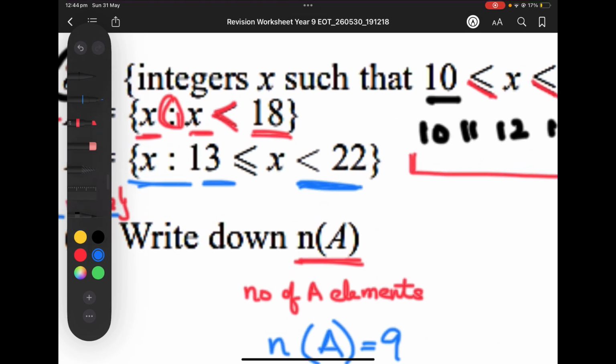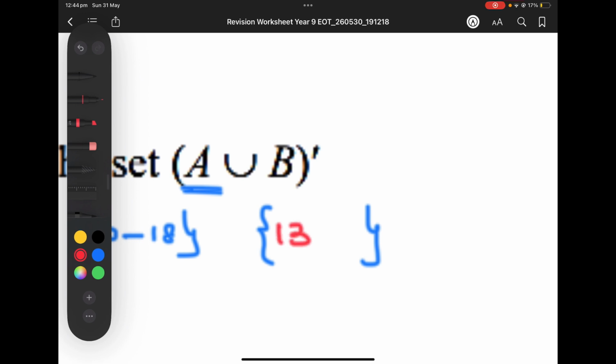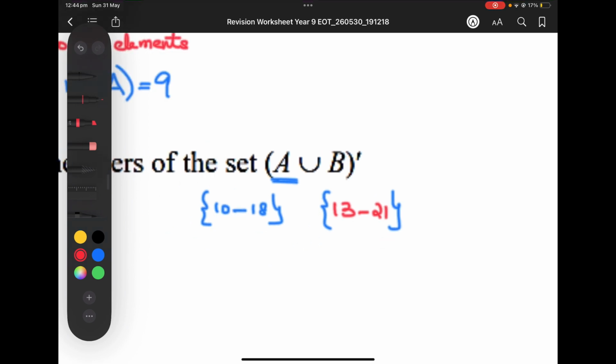Here, 13 is included but 22 is not included. So it starts from 13 and goes up to 21 only, because it is talking about less than, not less than or equal to. So we have 13 to 21.